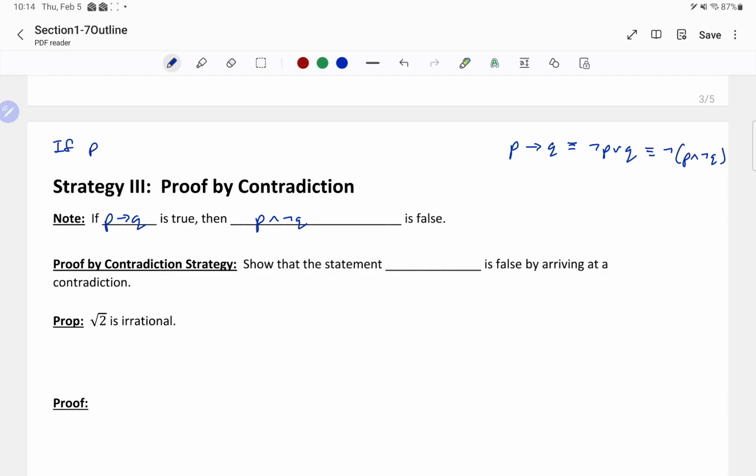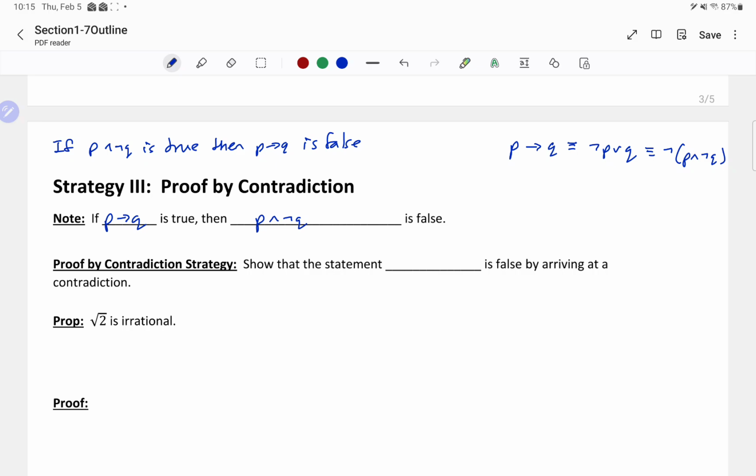If P and not Q is true, then P implies Q is false. So you can do the other way around as well, which what I wrote down is really the contrapositive of my note there, right? So you can do it this way too, okay?